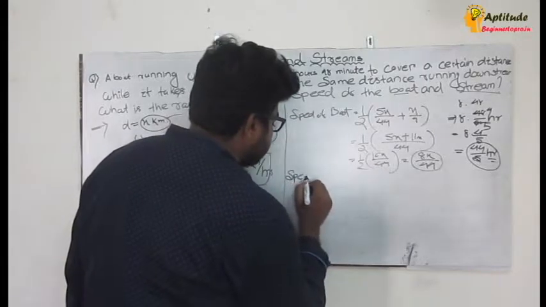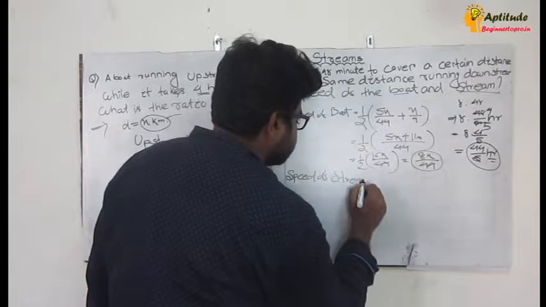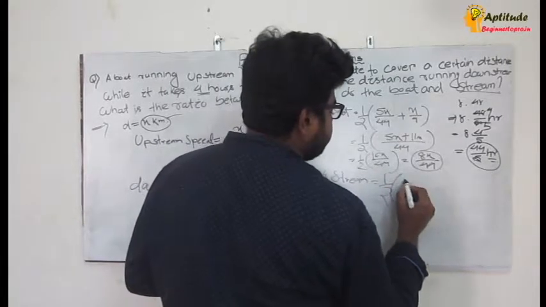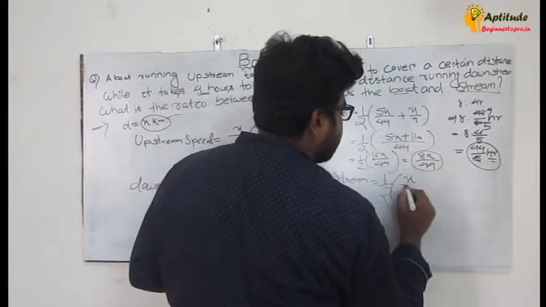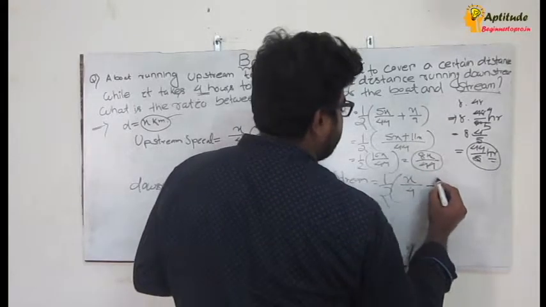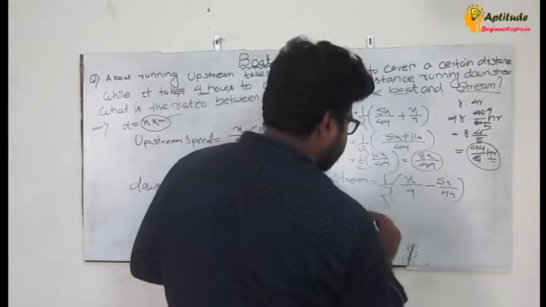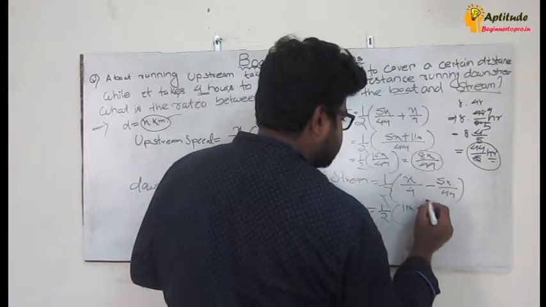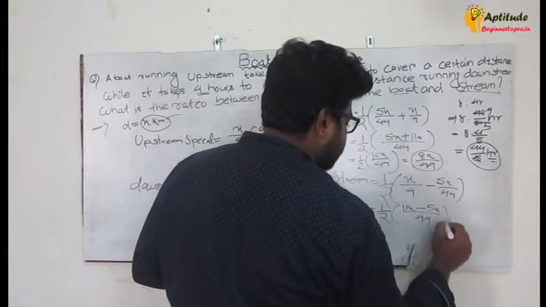Similarly, speed of stream will be half whole into 11x, that is downstream speed, minus upstream speed, that is 5x by 44, that is equal to half whole into 11x minus 5x by 44.